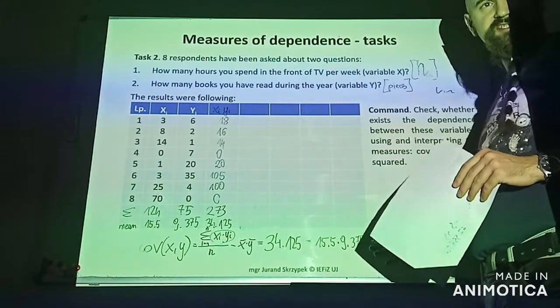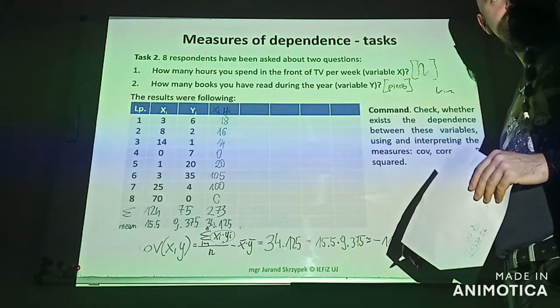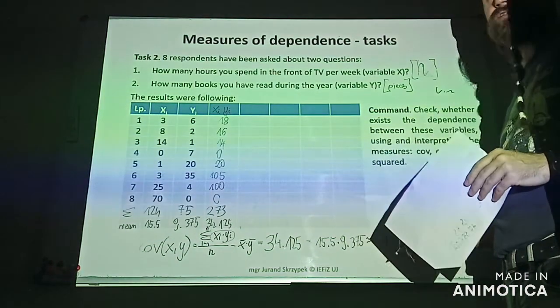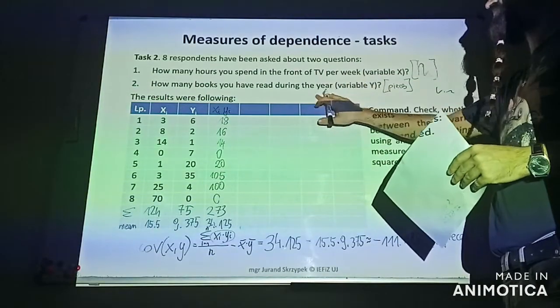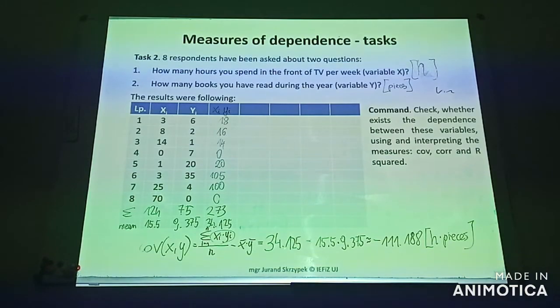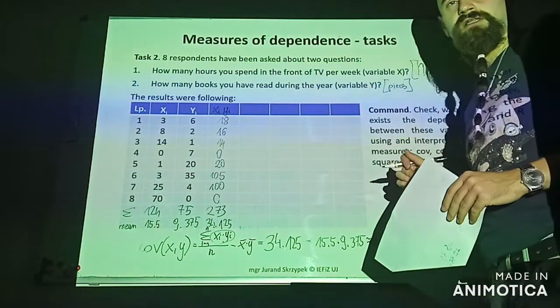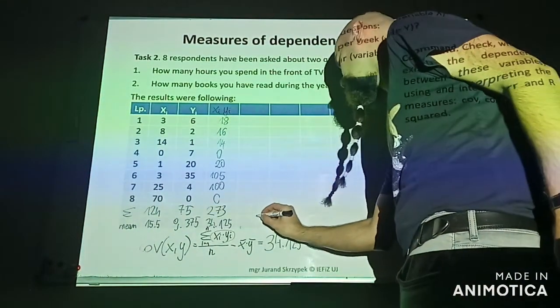We can perceive a negative interrelationship between time spent in front of TV and reading abilities. And in general, we can write it down.